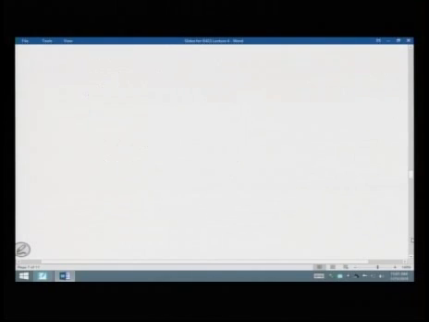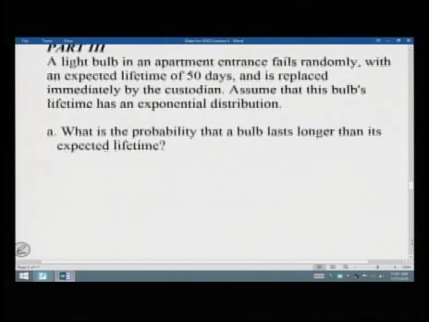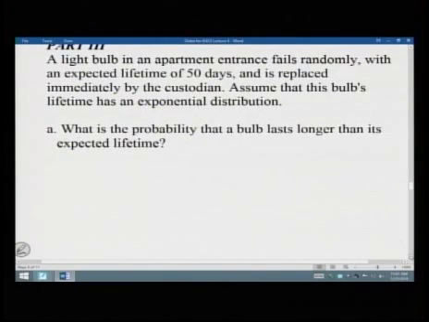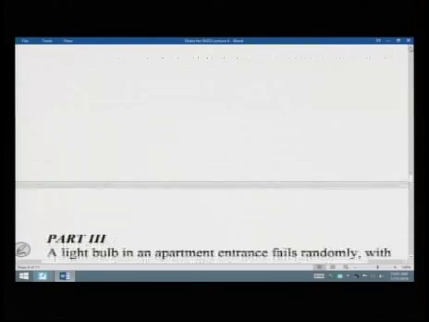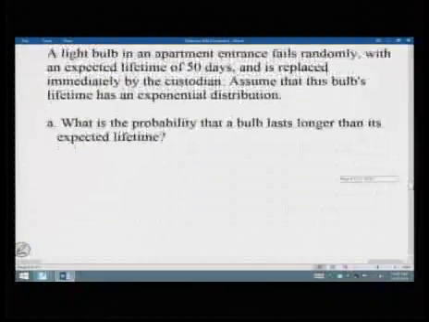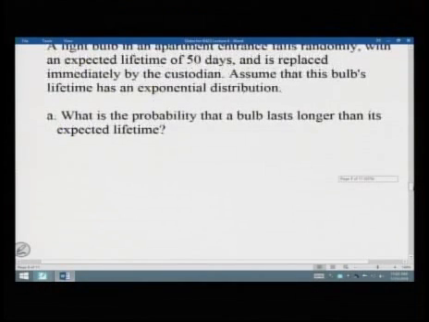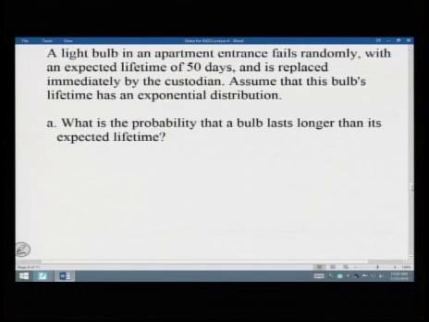Okay, now let's move on to part 3. In this case, we are going to consider a light bulb. Recently, I changed a couple of light bulbs in my house.